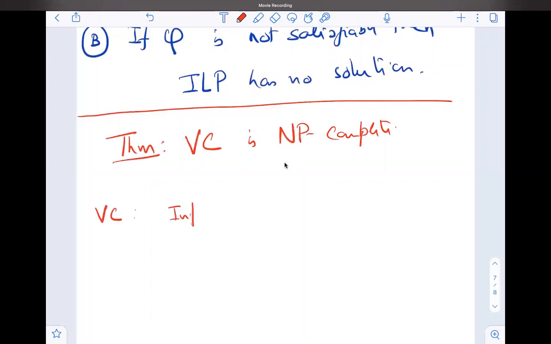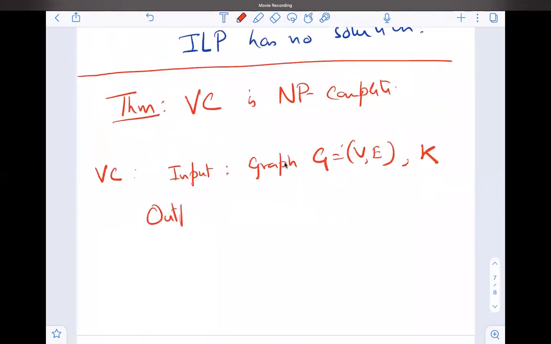The input is a graph G = (V, E) and a number K. This is important, the same K is coming up again. And the output is 1 if there exists a vertex cover of size less than or equal to K, and 0 otherwise. What is a vertex cover?